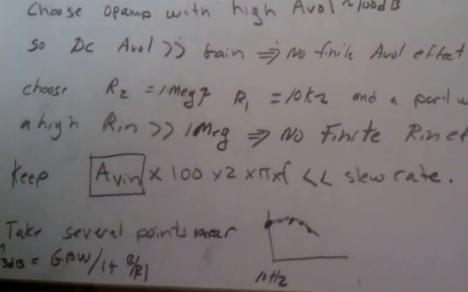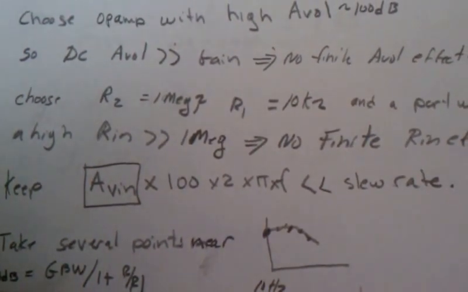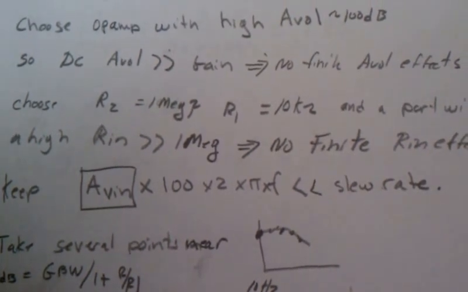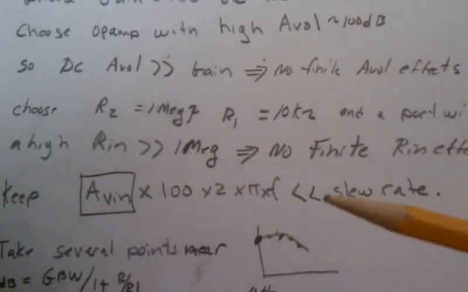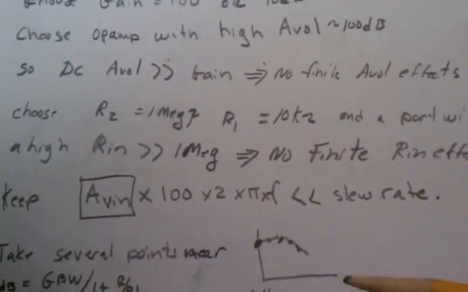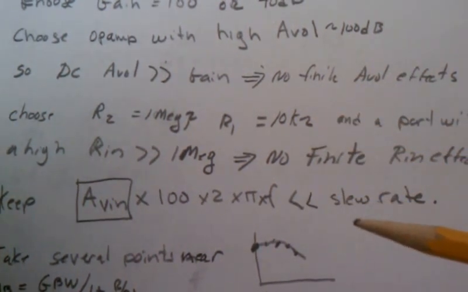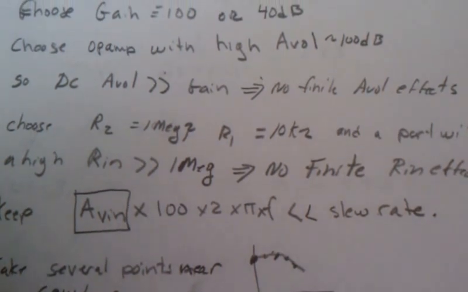And in that way, I should be able to demonstrate the effect of gain bandwidth and not see effects of finite open loop gain, slew rate, and if I put a capacitor on the output, I shouldn't see any drift due to V offset as well.